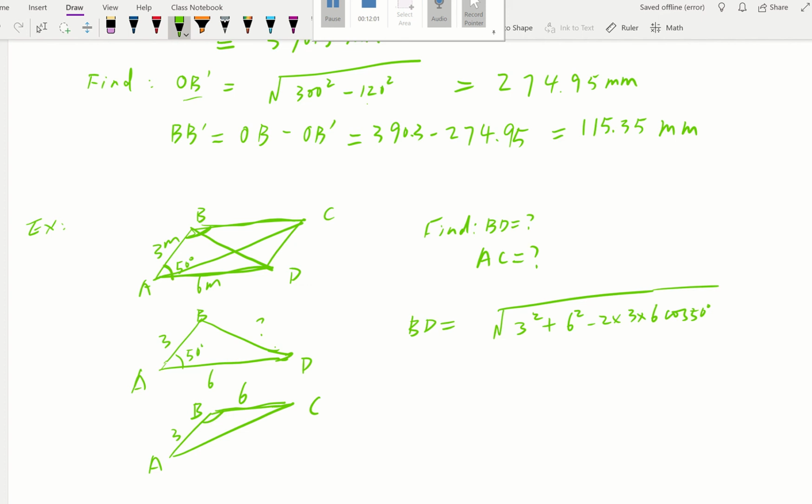If this angle is 50, for a parallelogram, these two angles add together to be 180. That's a characteristic of the parallelogram. So that would be 130. Knowing that, we can quickly figure out AC, right? Using the cosine law again: 3 squared plus 6 squared minus 2 times 3 times 6 times cosine 130.